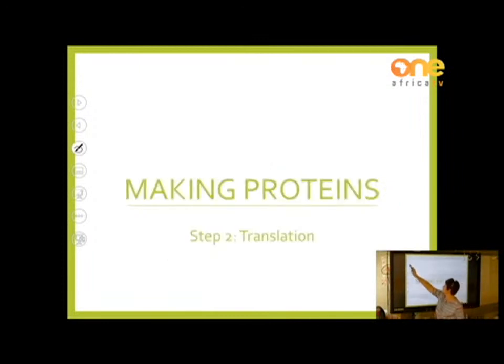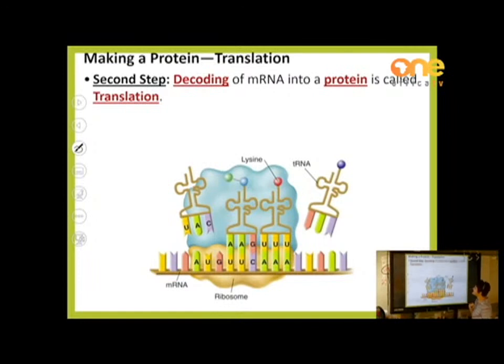So, let's quickly talk about translation again. The decoding of the mRNA: 3 bases of mRNA will attach to a tRNA.